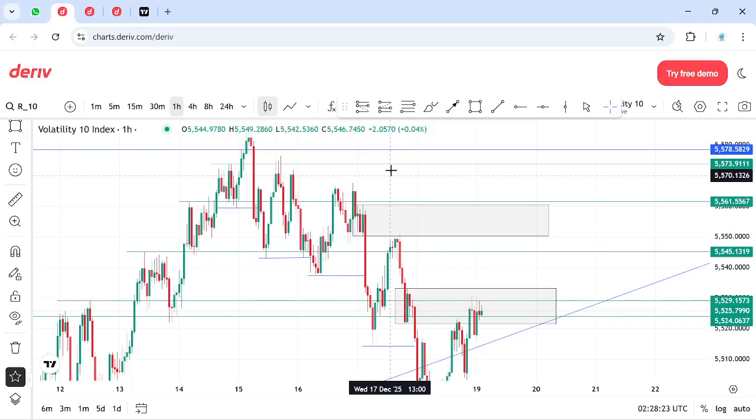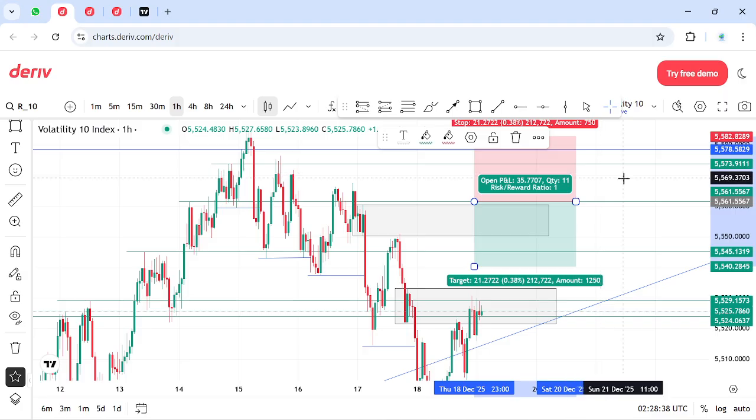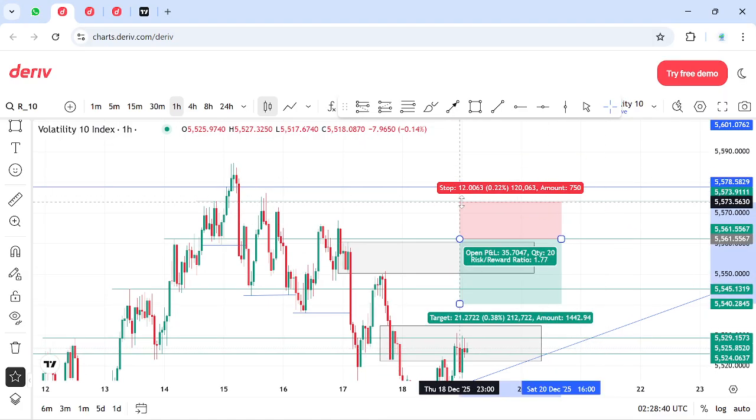If you're using the other block, then if you're using this line to take your entry, then you're putting your stop loss here. So basically for me, I would like to take my trade from the level of resistance, which is from this level, and I'll put stop loss here.